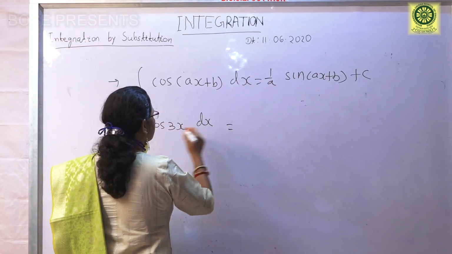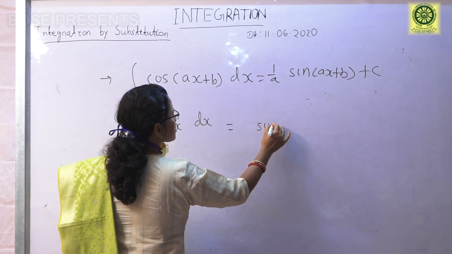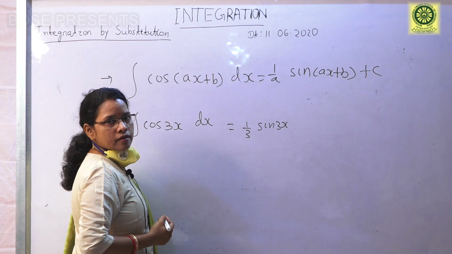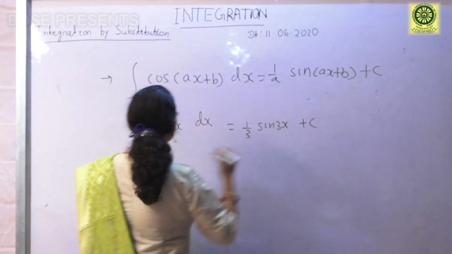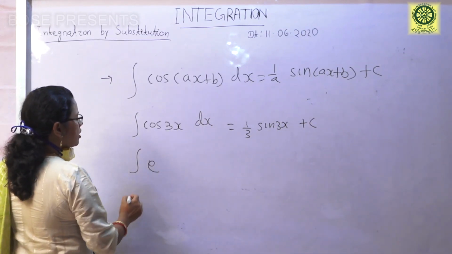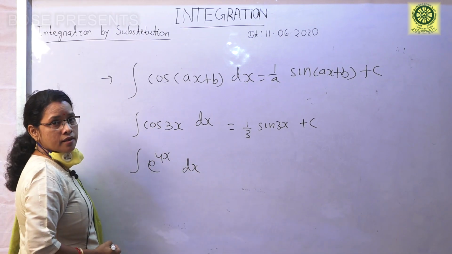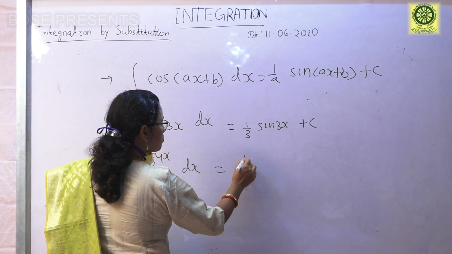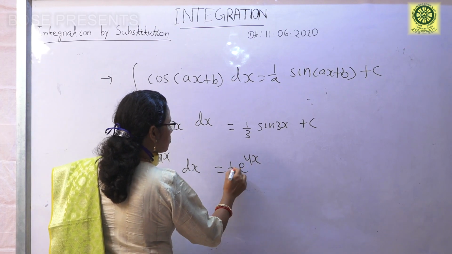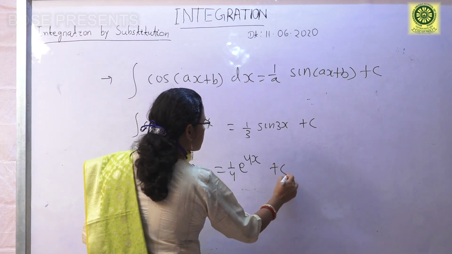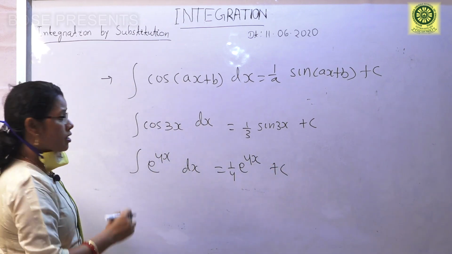That is, the integral of cos 3x is (1/3) sin 3x. Just divide by the coefficient of x here, plus c. Similarly, if you are given to integrate e^(4x) with respect to x, that will be (1/4) e^(4x), just divide by the coefficient of x here, plus c, by using the above standard formula.